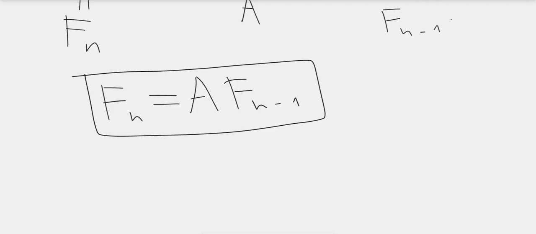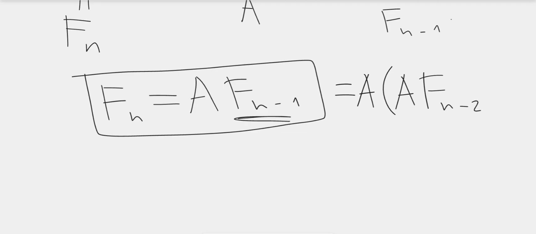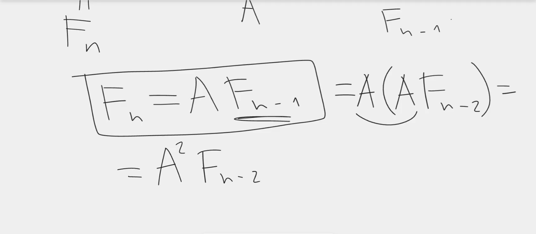From this we can use the same recurrent formula to express F(n-1). So we write this as A multiplied by A F(n-2), and now we group together two A's and write that this is equal to A squared F(n-2).